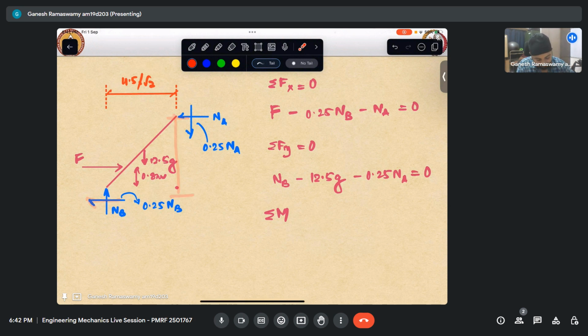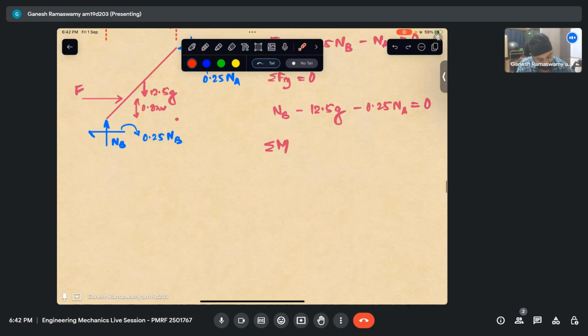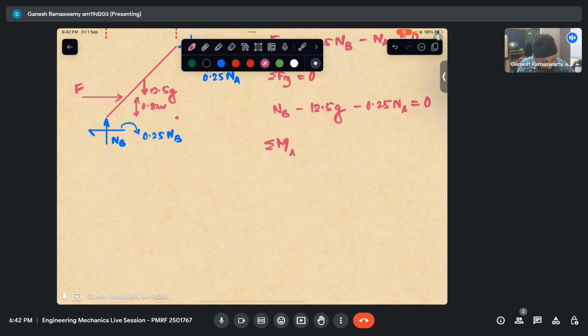But since this angle is 45 degrees, this happens to be the same as this distance, which is 4.5 by root 2. Then I have this F creating an anti-clockwise moment there, and my weight will also create an anti-clockwise moment there. So let us take moment at point A to be 0.